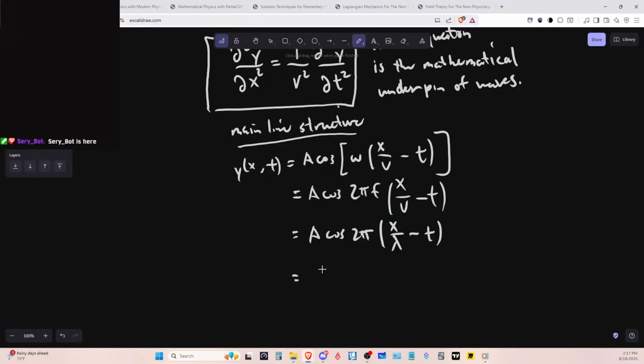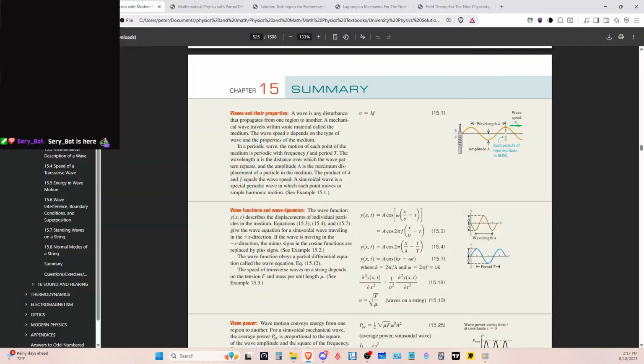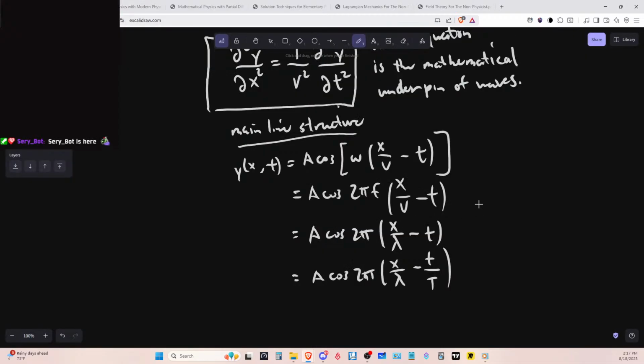Yeah, so it's cosine here, and let's see, the speed.